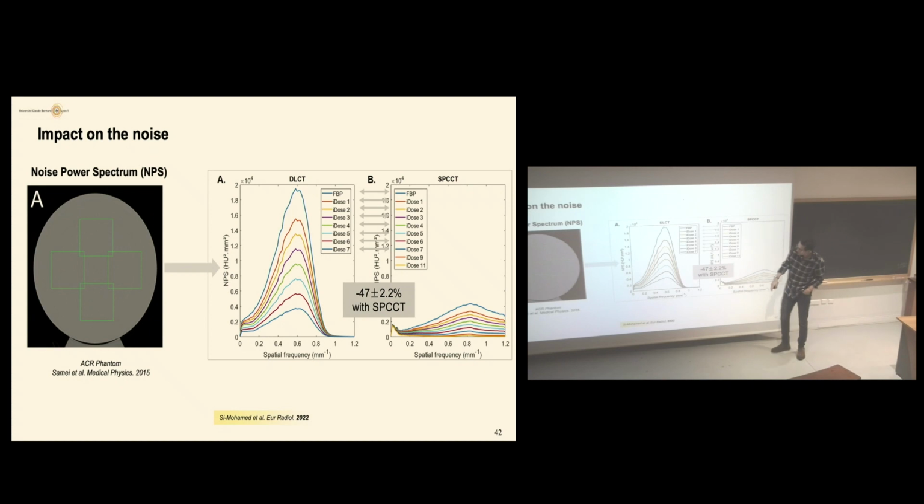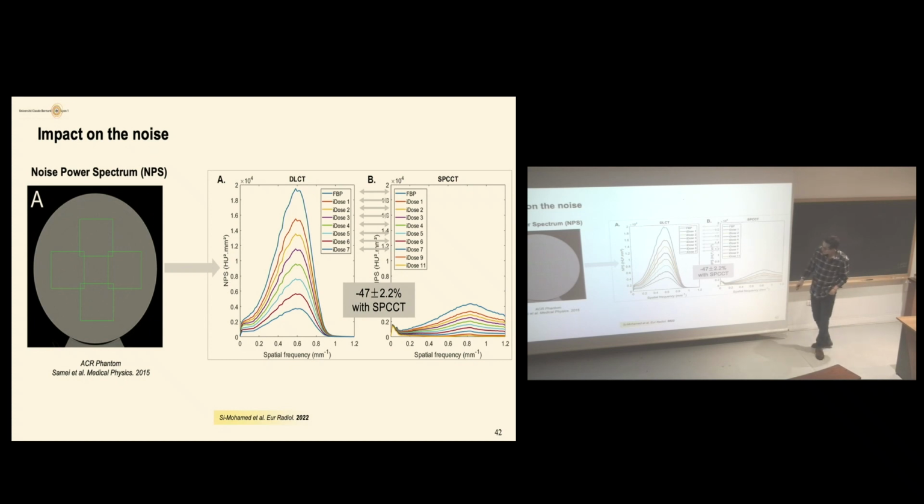So what about the other reconstruction parameters? The blue lines and so on. So I'm sorry, FBP was on the top. FBP is the noisiest and it's on the top. Then iDose 1 to iDose 11, it's an iterative reconstruction. Usually iterative reconstruction is non-stationary, non-linear. That's why we are using this task-based metric.